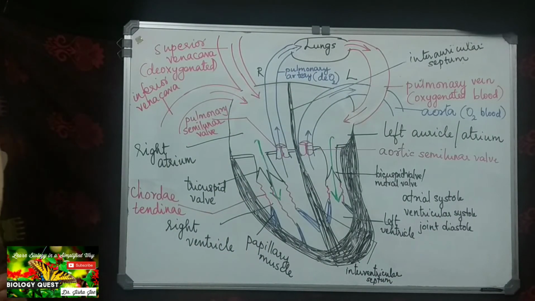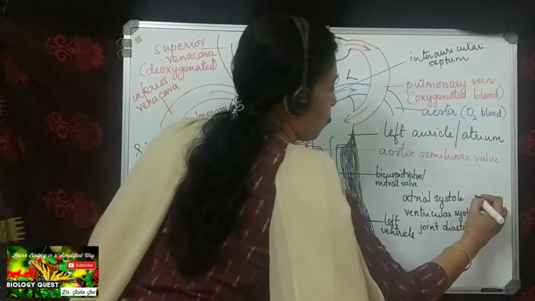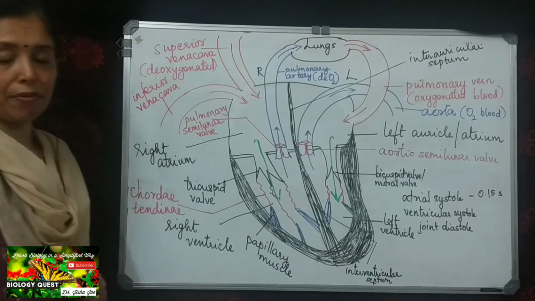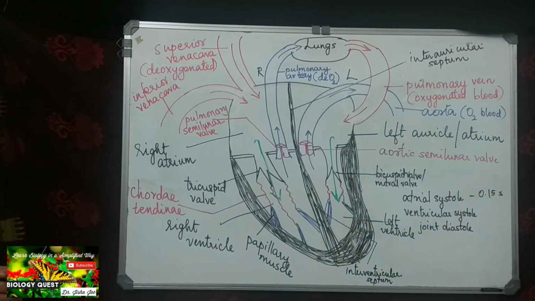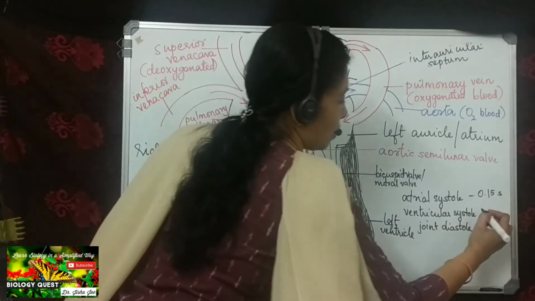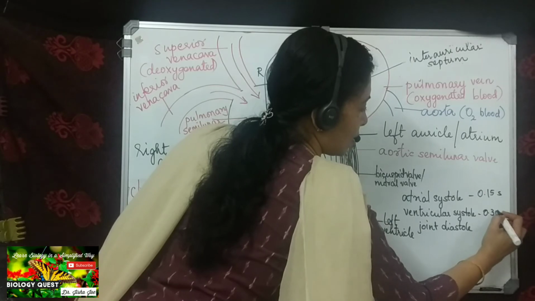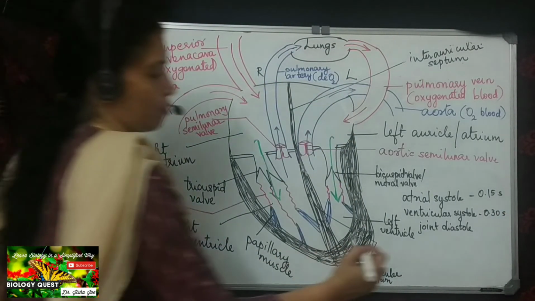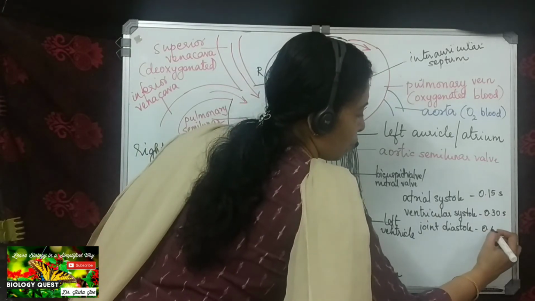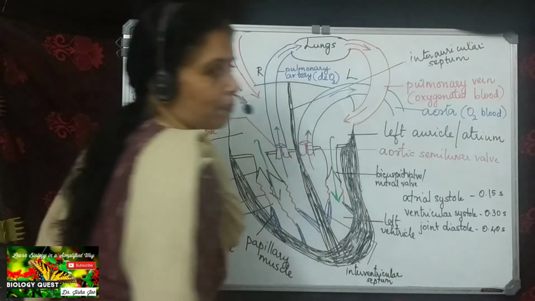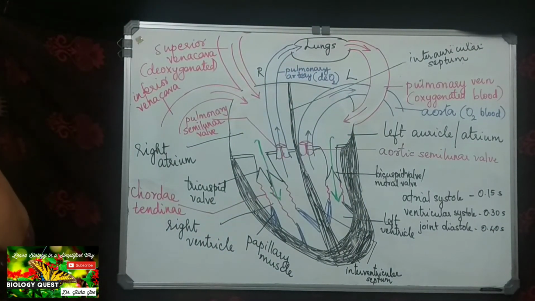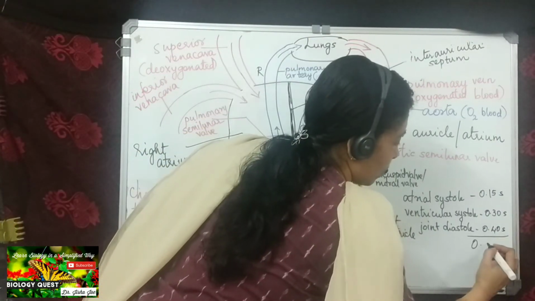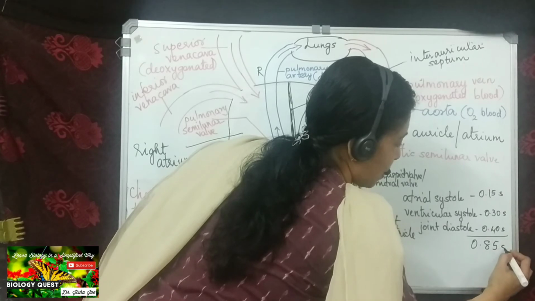The atrial systole occurs for 0.15 seconds. The ventricular systole occurs for 0.30 seconds. And the joint diastole occurs for 0.40 seconds. This makes a total of 0.85 seconds. So that is a complete heartbeat.